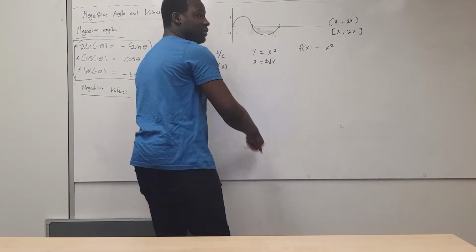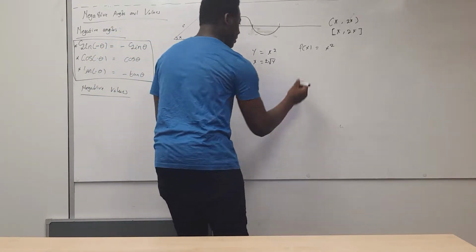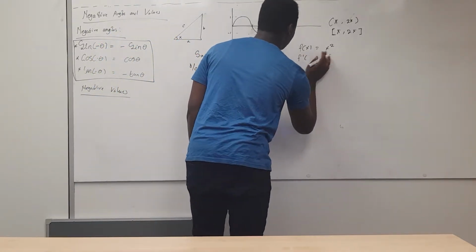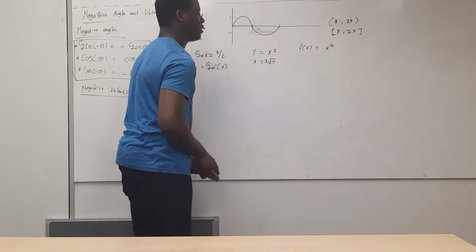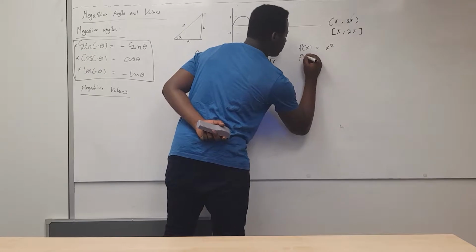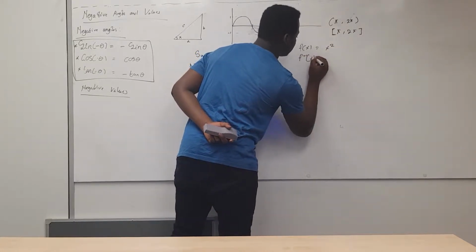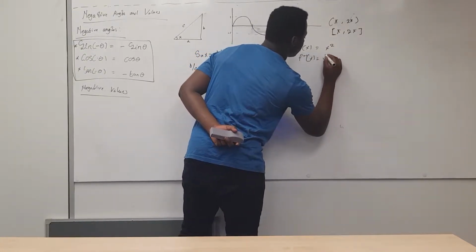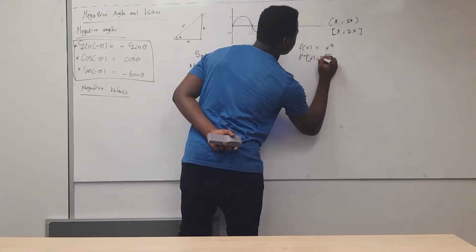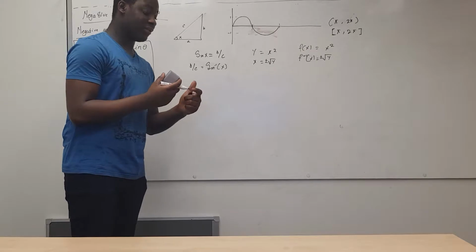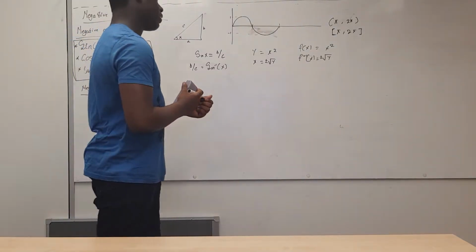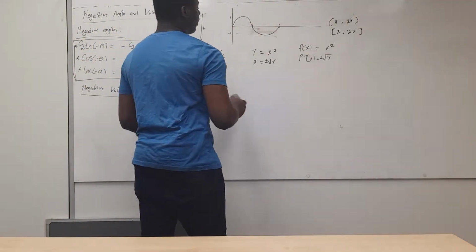If we solve for the independent variable, we write it as f inverse. F inverse of x equal to plus or minus the square root of y. So the f inverse of x is simply a function of y. Okay, so that's that for that.